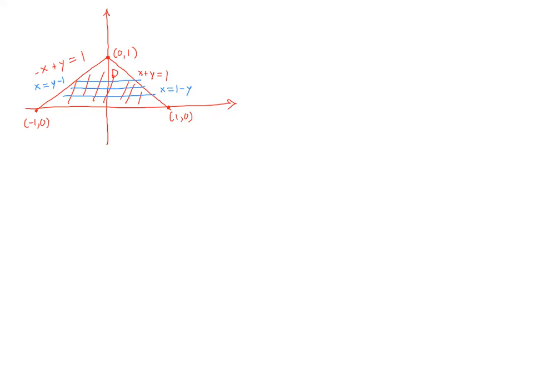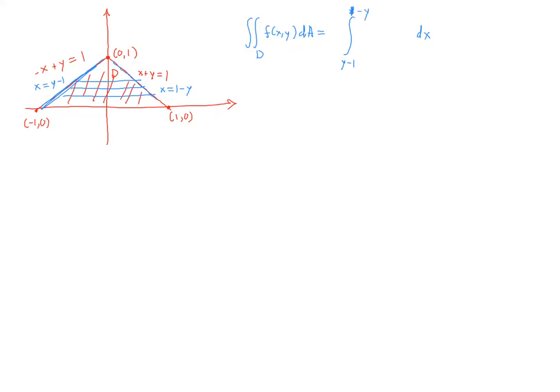So if you had the integral over D of a function f of x, y over the domain D, and you wanted to execute first your horizontal integration, then you would have to worry about the left boundary, and the left boundary would be y minus 1, then about the right boundary, which would be 1 minus y.